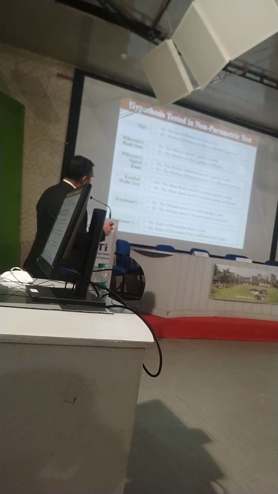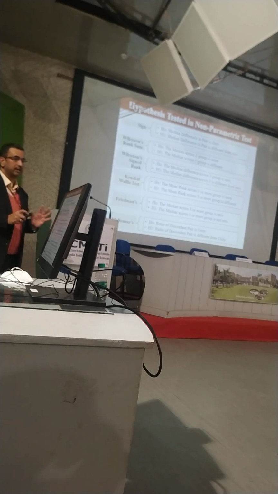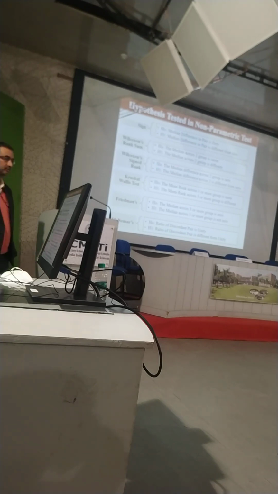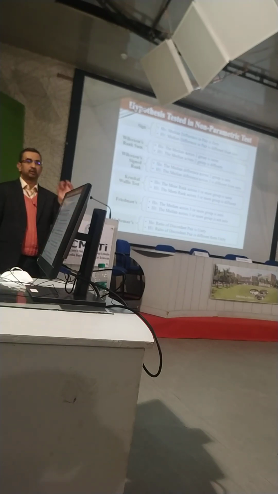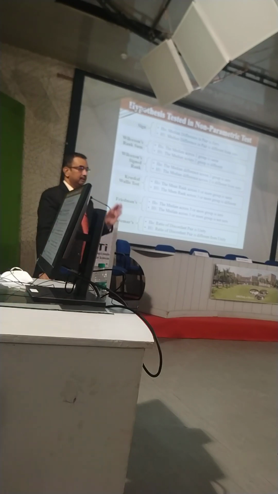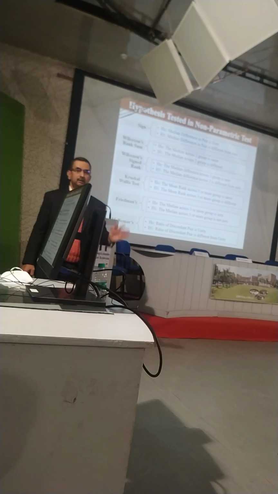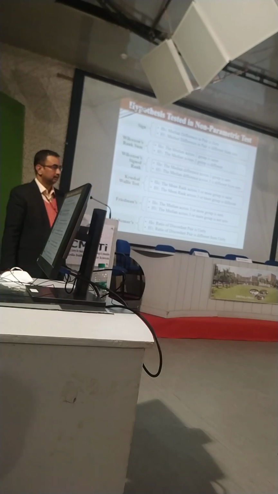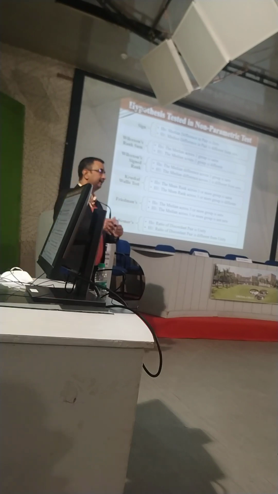Now see what type of null hypothesis and alternative hypothesis they are addressing. In sign test, we say that the median difference in pair is 0. Now what does this mean? The sign test is only based upon sign. For example, suppose anemic pregnant women admitted to a gynae ward, you measured their hemoglobin level, and after the first ANC and then the second ANC you measure, and you just take the difference, and you are only interested in finding out whether it increased or decreased.